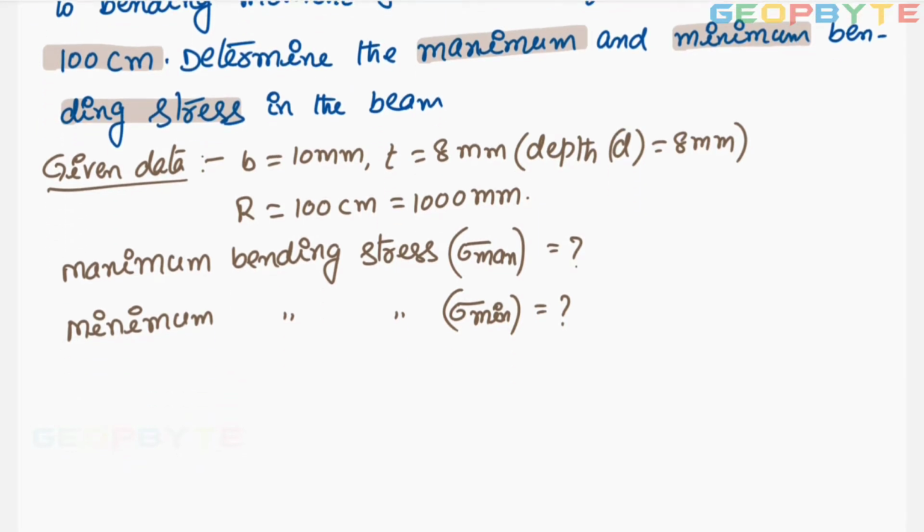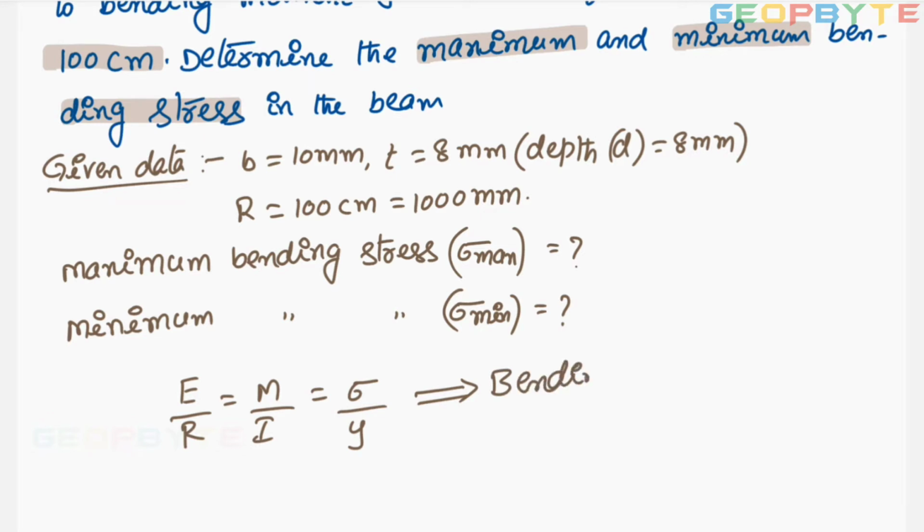Bending equation: E by R equals M by I equals sigma by Y. This is the bending equation. Now, is Young's modulus given for the problem?